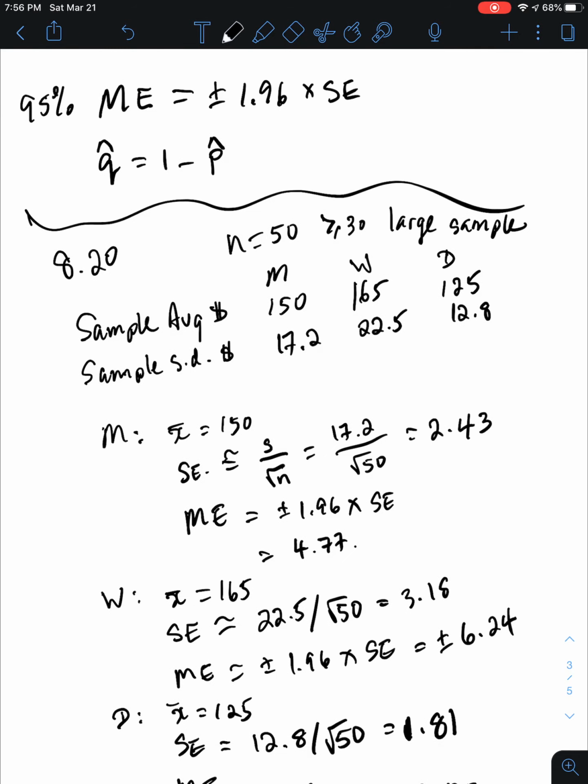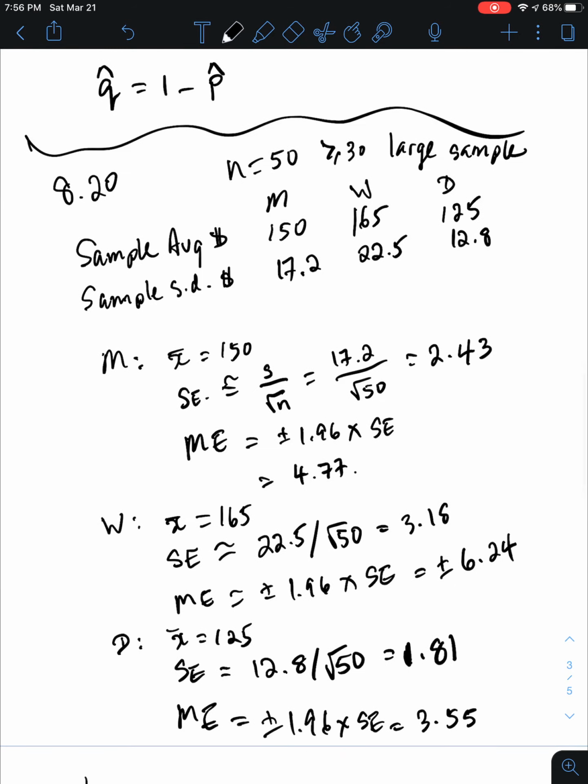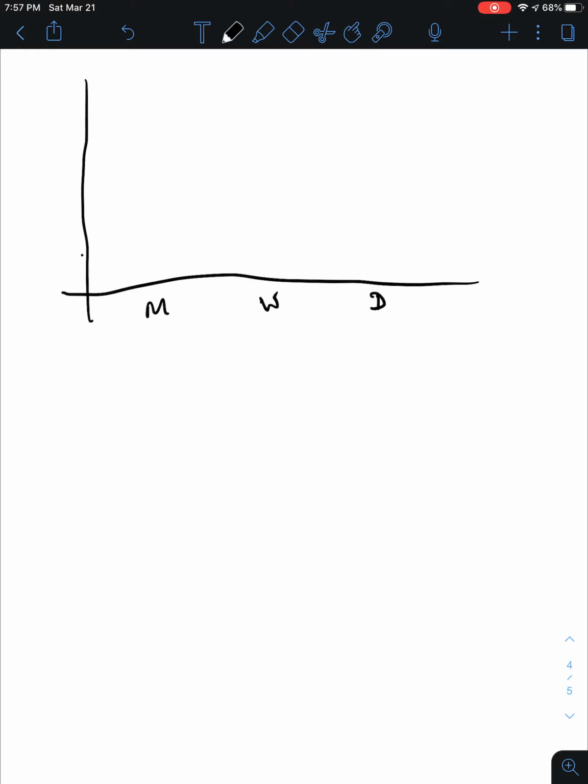The x-axis will go up to about, let's see what we go up to, about 150, 165. So let's go up to 175. We'll see why in a second. So let's just go up by 25, say 25, 50, 75, 100, 124.